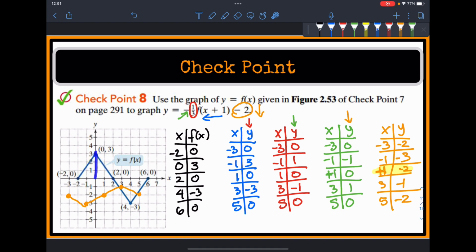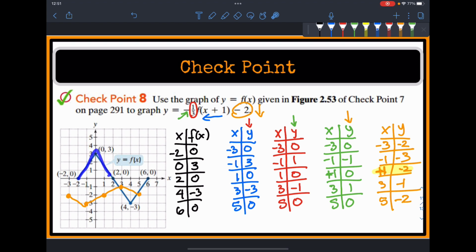Normally, this height was 3 units, but now the height of this V is 1 because of that vertical shrink. The same thing with this V. It had a height of 3 units, and now it's only 1 because we're taking a third of that original vertical height. Notice that it's also upside down.